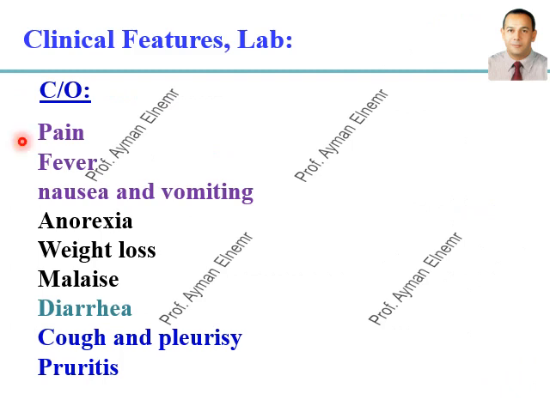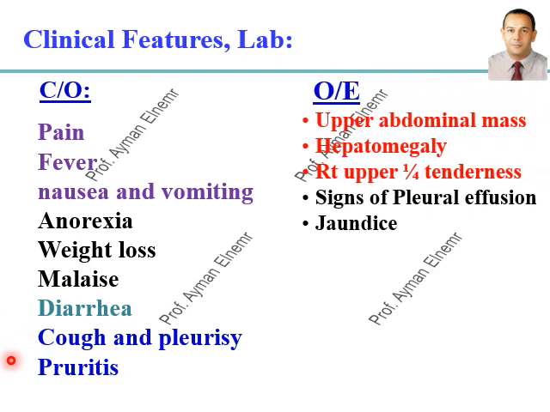Usually the patient complains of pain, low-grade fever, nausea and vomiting, anorexia, weight loss and malaise, diarrhea, cough and pleurisy, and pruritus. On examination, there is an upper abdominal mass, hepatomegaly, or right upper quadrant tenderness, signs of pleural effusion, and jaundice.